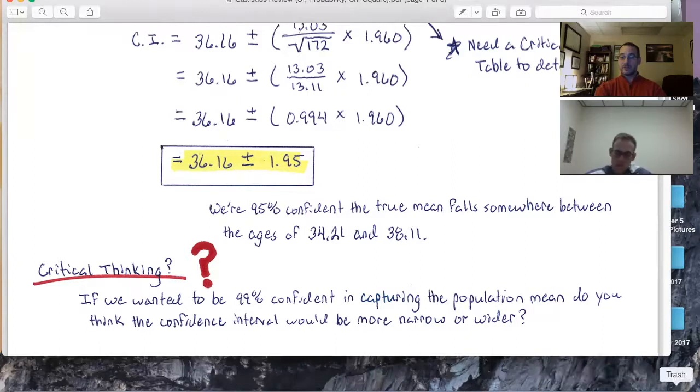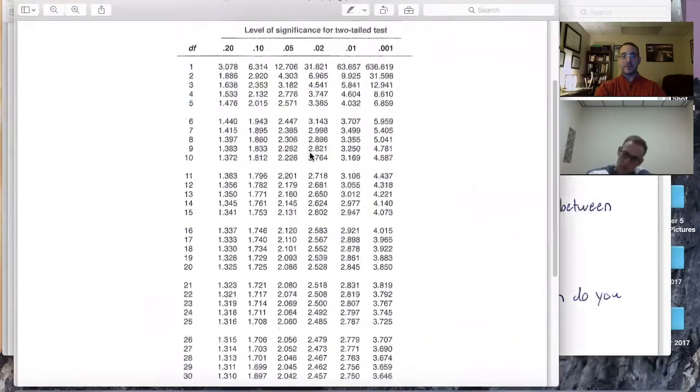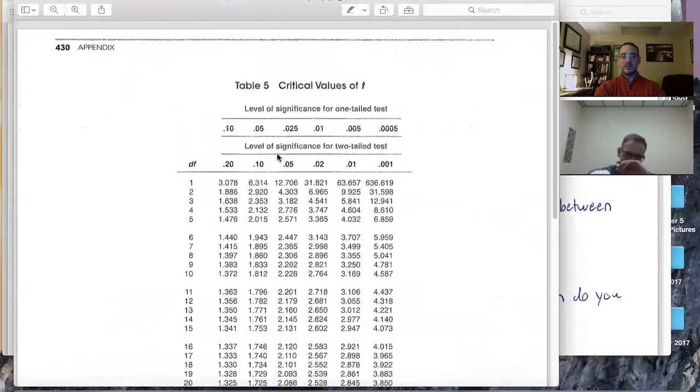If we go back here and look at our alpha levels, 0.05 would correspond with a 95% confidence. A 0.01 means that 99 times out of 100, we're going to be confident in our results. And at the 0.001 level, that corresponds with being 99.9% confident. Okay. See how that works?